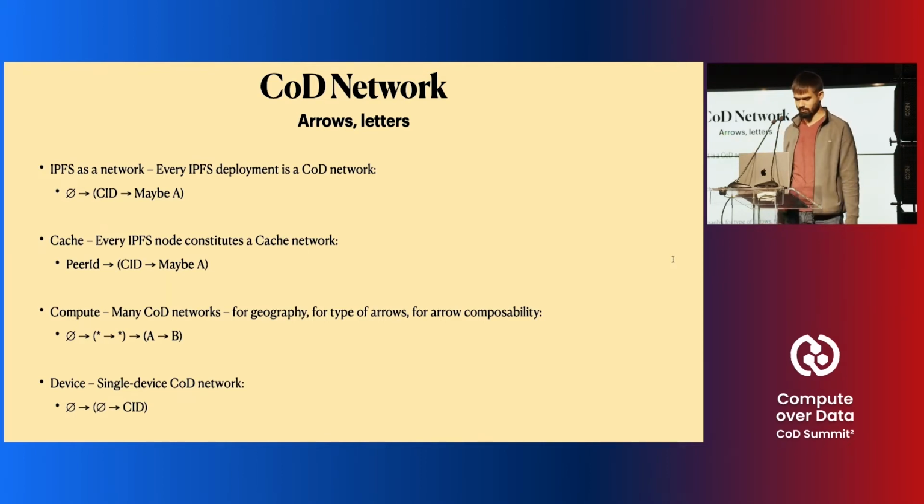So the notation becomes longer and longer. And also we can think that a single device, or a small set of user devices that belong to one user, also constitutes a compute over data network that, for example, provides the way to capture facts from measurements or click streams or something like that. So we can think about all these kinds of devices and workloads as different kinds of compute over data networks.